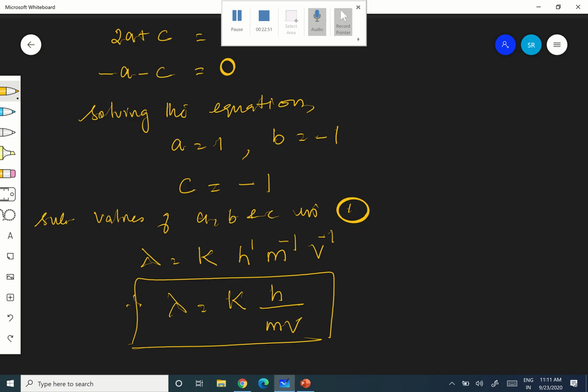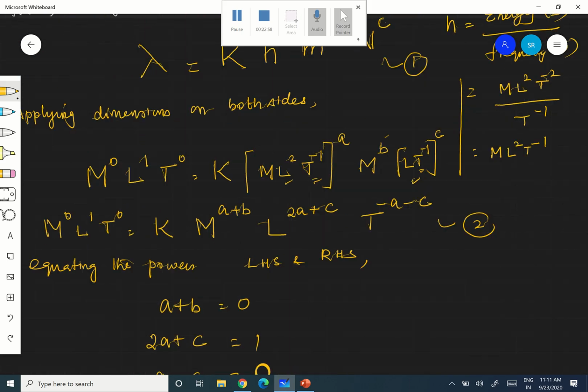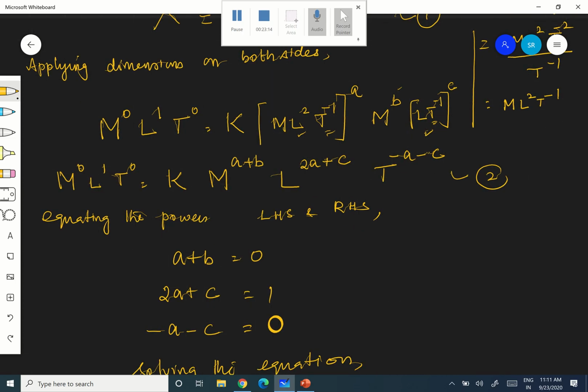Okay, so follow the steps. First, you have to find on what factors it depends. Then write the formula: lambda is proportional to all the factors. Then that is equal to k. Then apply dimensions on both sides. Then consolidate the dimensions on both sides.